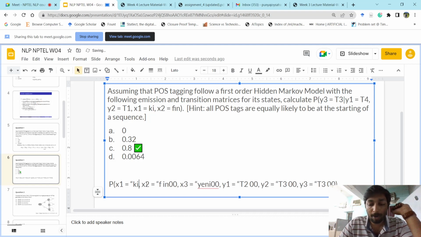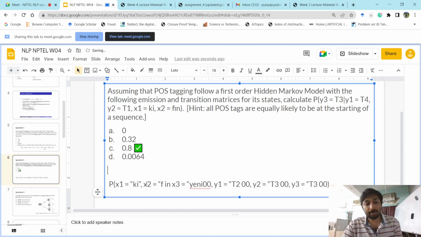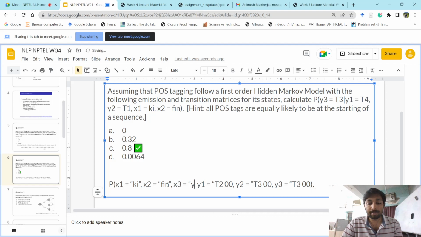Can you tell me how to do this? We do not need to do the calculation as such, but can you tell me how to do this? Again, the concept is similar, but we have to apply the previous rules that we learned.